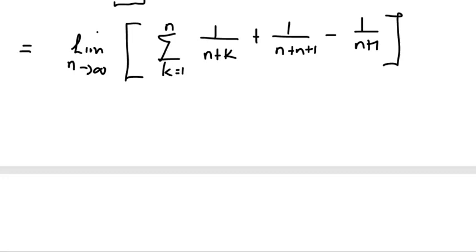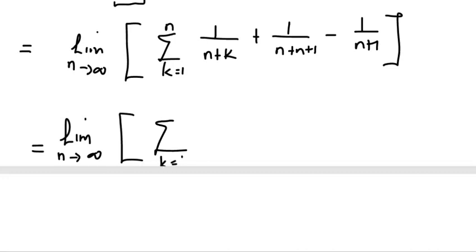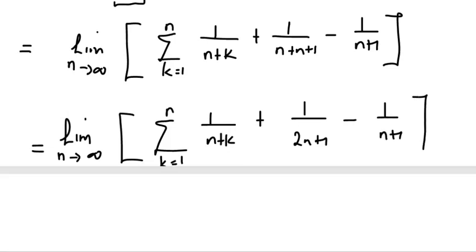Now, this is the same as the limit as n is approaching infinity. Here, this is the sum as k goes from 1 to n of 1 divided by n plus k, and plus 1 divided by 2n plus 1, and then minus 1 divided by n plus 1.